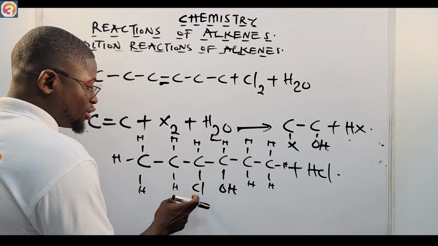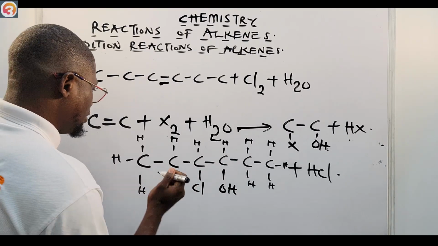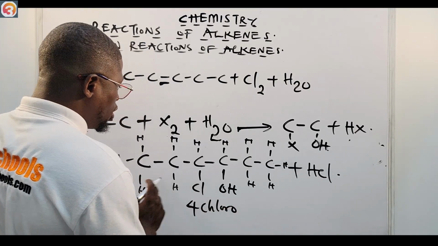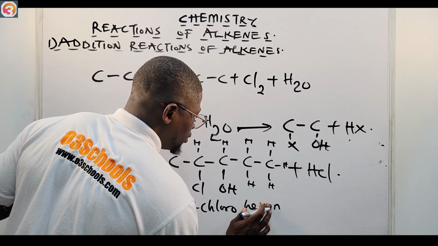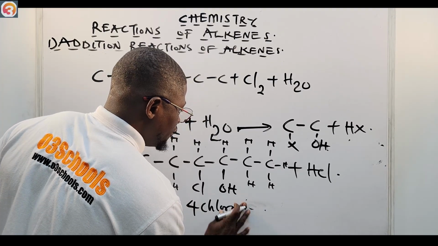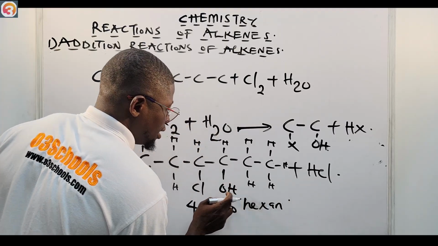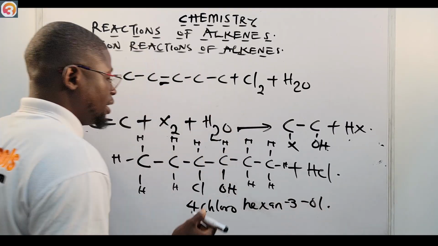The substituent chlorine is on the 4th carbon, so I'm going to have 4-chloro. Then hexan, and the hydroxyl group is on the 3rd carbon: 4-chlorohexan-3-ol. It's very, very easy.